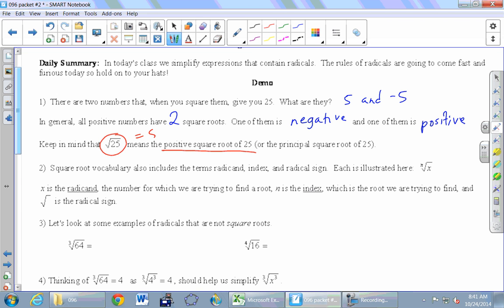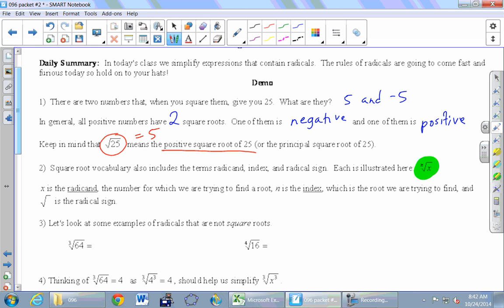So this is equal to 5 only. It is not 5 and -5. It is not -5. It is just plain old 5. So there's a difference between asking for the square roots of a number and that symbol. That symbol indicates we are looking for the principal or positive square root of 25.